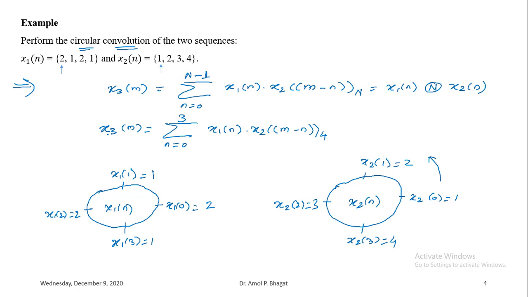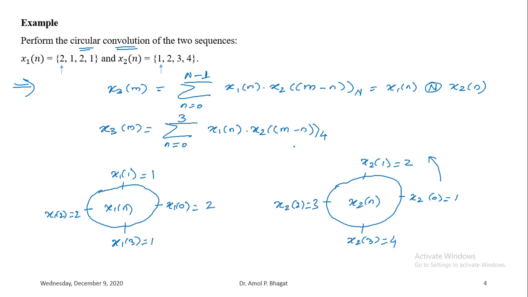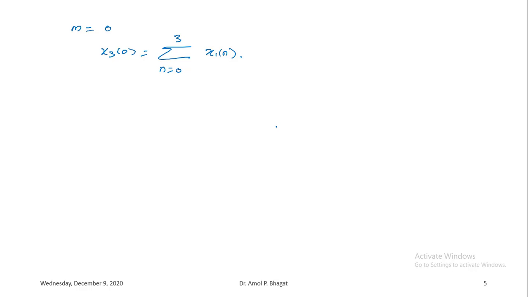If I substitute m equal to 0 in this circular convolution formula, I will have x3 of 0, the sum for n equal to 0 to 3 of x1 of n multiplied by x2 of minus n, modulo 4. So this will be for m equal to 0.